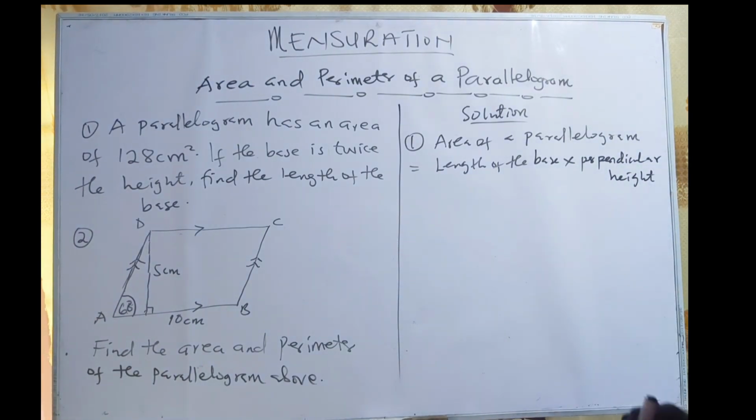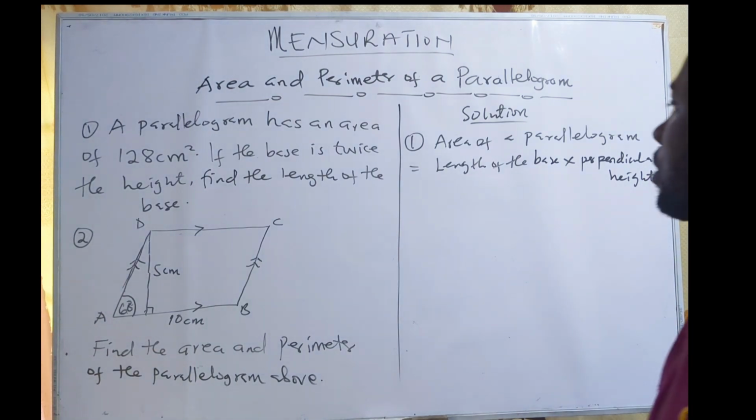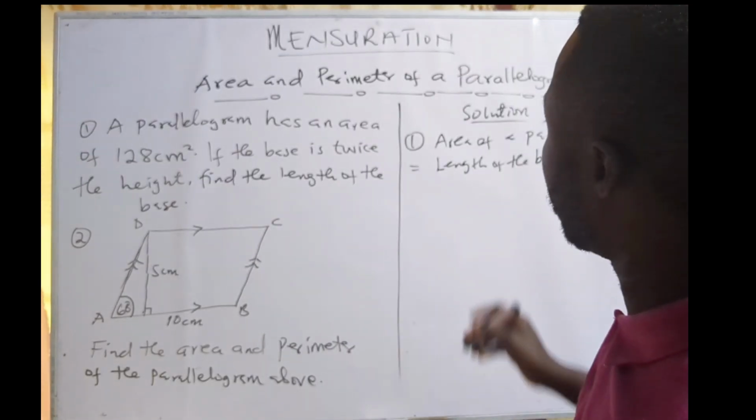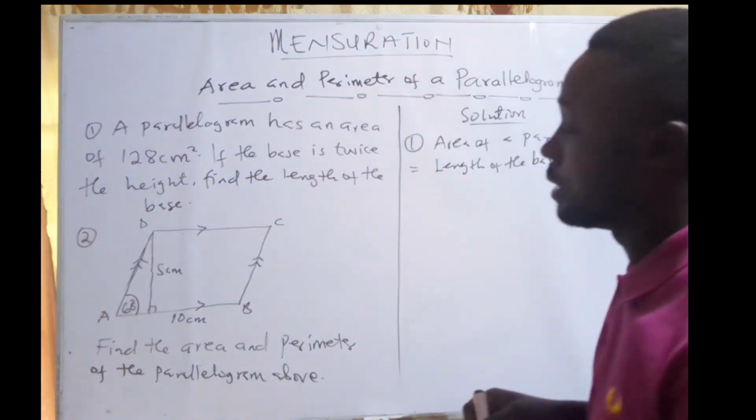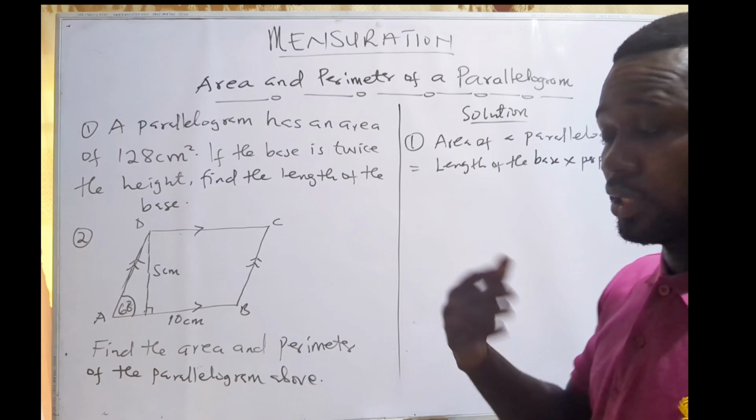We are given the area as 128 and the base is twice the height.